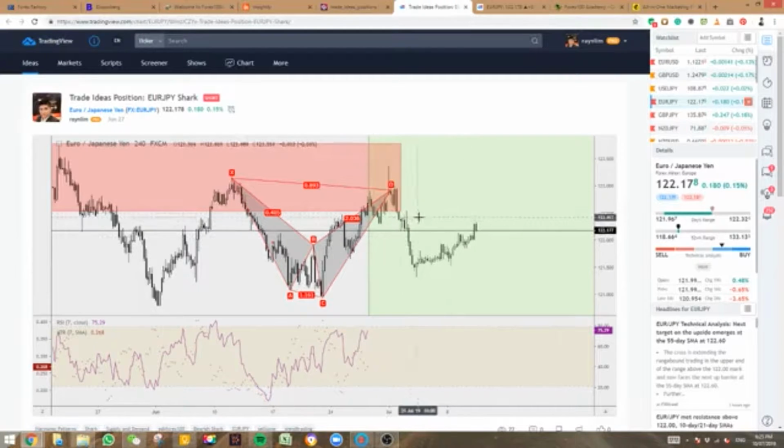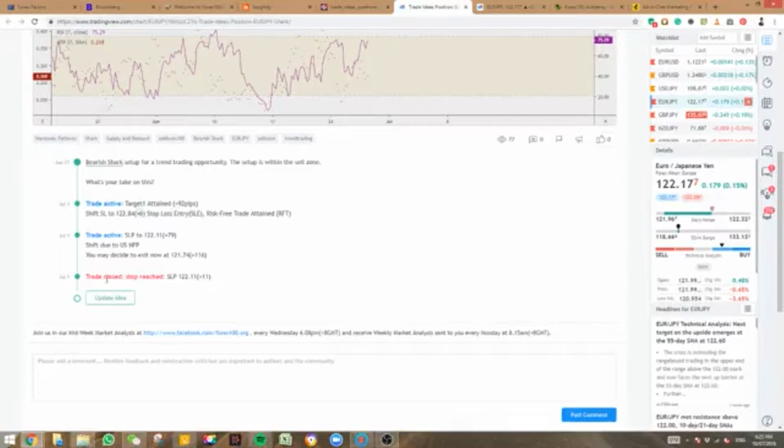If it came back up to this area, I want to exit before it took up even more of my profit. All right, so I hit my stop loss with profit at 122.11. All right, fantastic. So over here I gained not 11 pips, sorry, it's 79 pips on stop loss. So total gain 92 plus 79 pips.